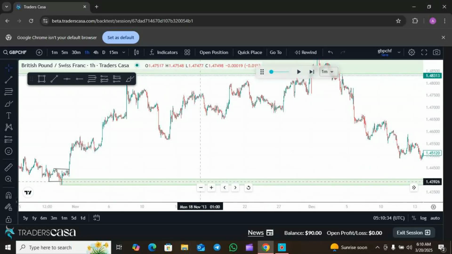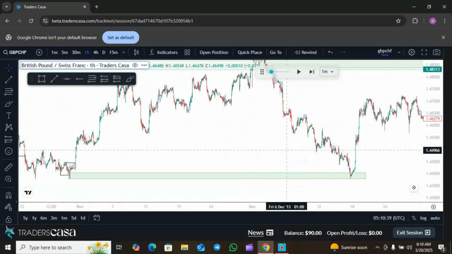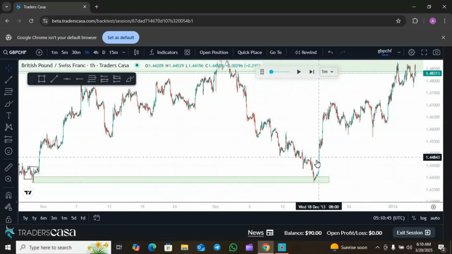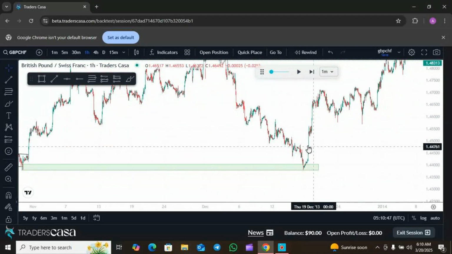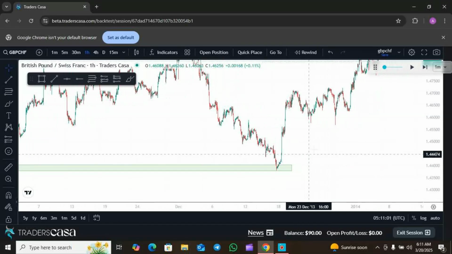It bought for a long period without coming to my POI right here. Then once it finally came, it touched my POI and went up. And mind you, this doesn't occur most often, and I did not expect this.